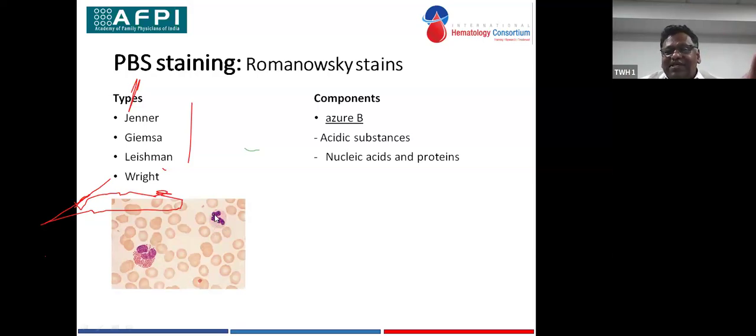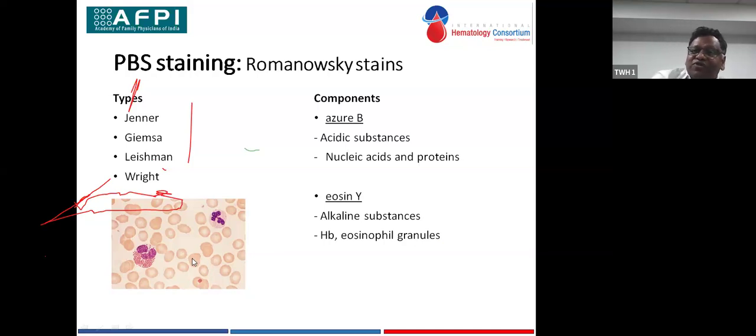That's Azure B. Then there is eosin Y, which will bind to an alkaline substance, basic substance, which is hemoglobin. You see, you get this reddish orange because of eosin Y binding to hemoglobin in the RBCs, binding to eosinophil granules.